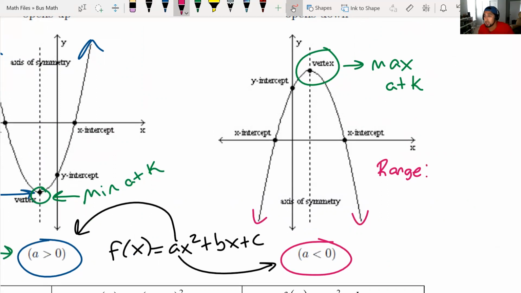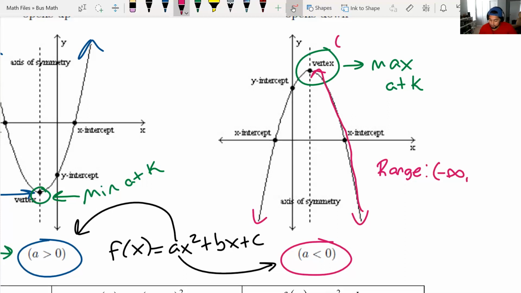To find the range of this quadratic graph that opens down, the first thing we must look at is where these tails are headed. These tails both are headed towards negative infinity. Whenever you state domain and range, you always start with the lowest possible number, and that lowest possible number is negative infinity.